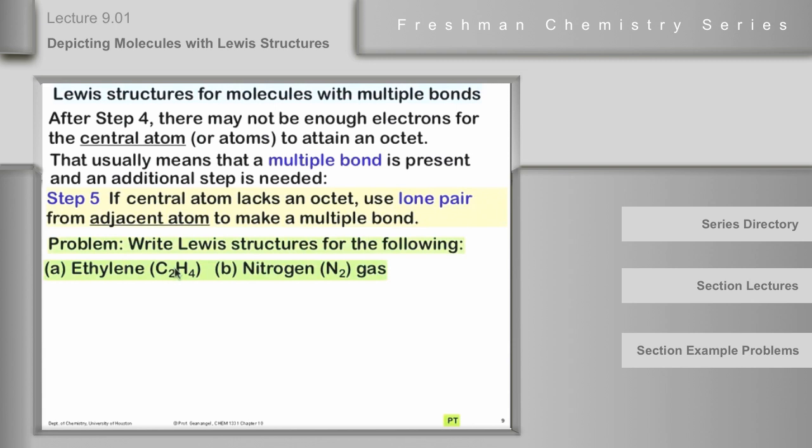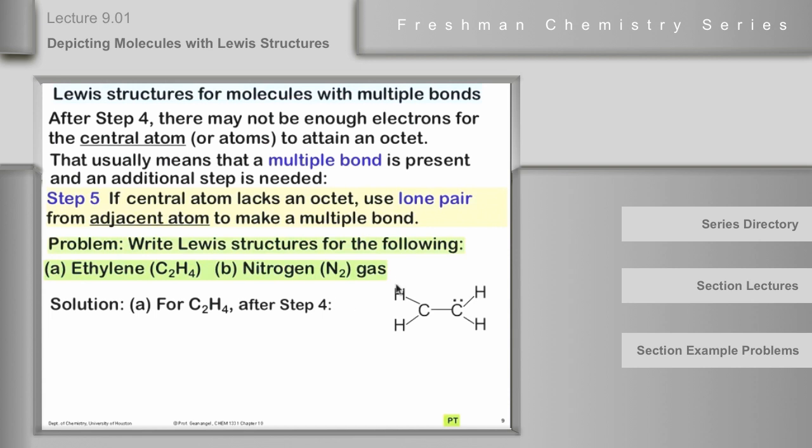Let's start with ethylene. If you go through the process for ethylene, you put the 2 carbon atoms in the middle. You put the hydrogens 2 on each carbon, since we only have 4 to work with. And you count the electrons. There's 8 and 4 is 12 electrons. You follow it through.